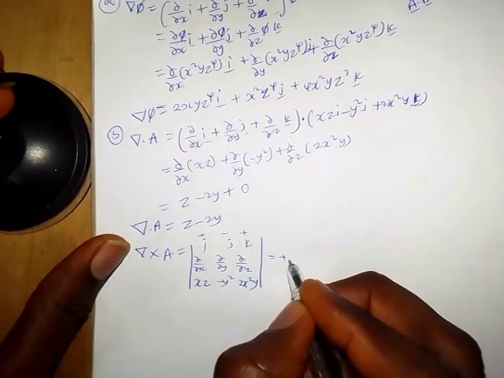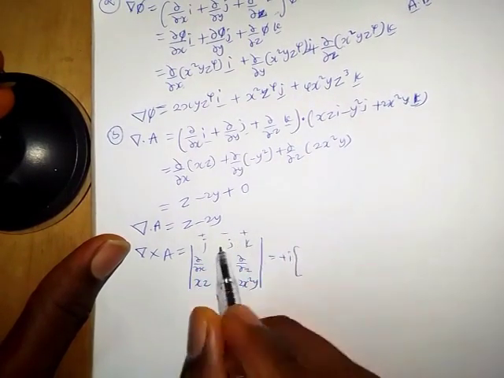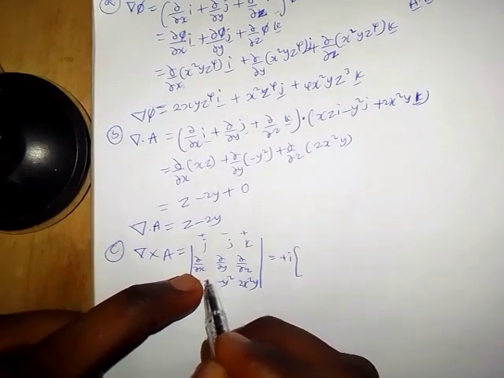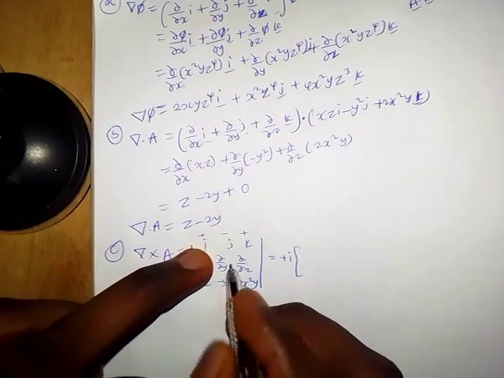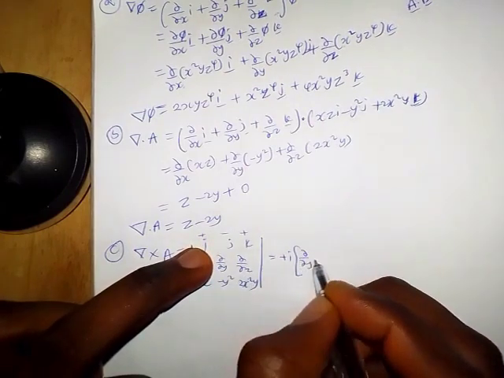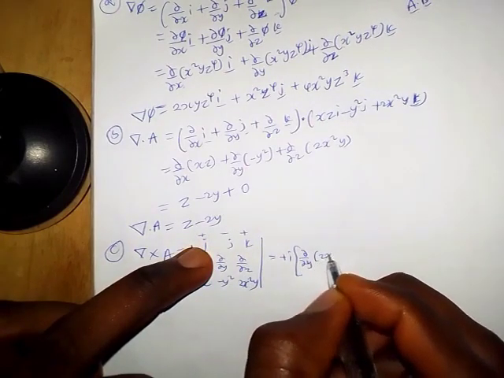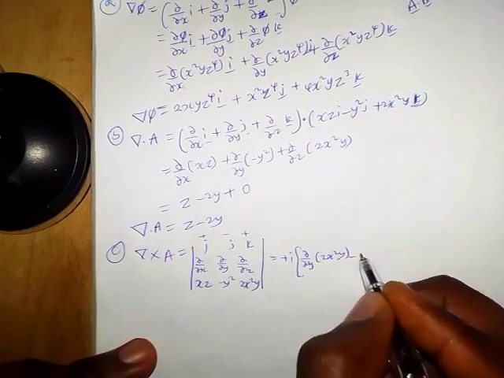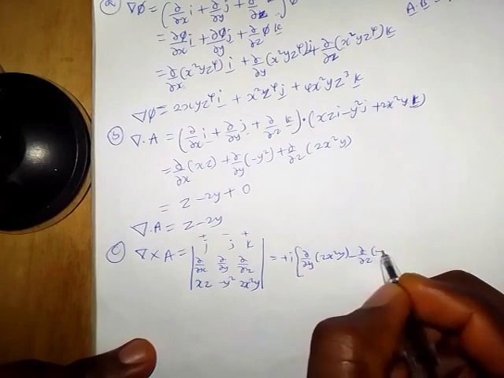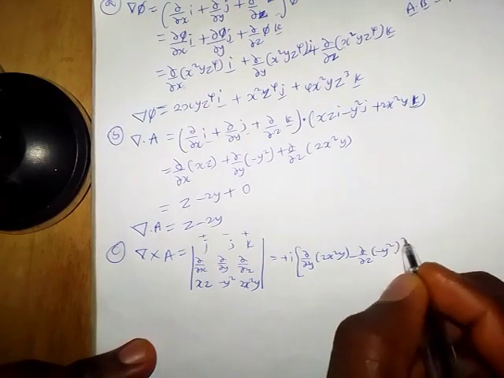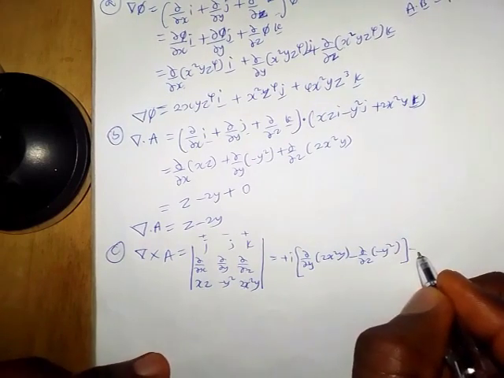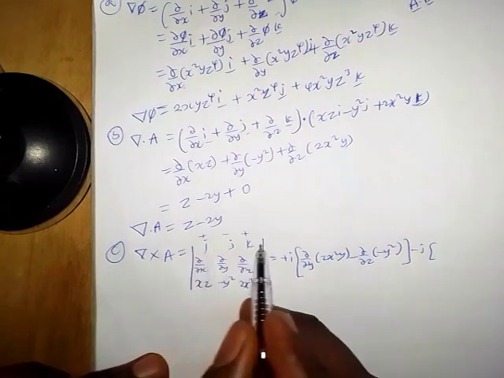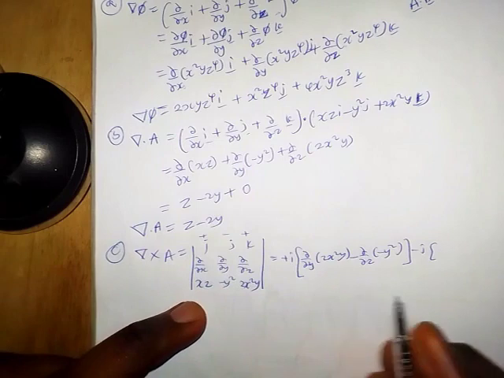So in which we have plus i into this. We fix the first row and the first column. So we are left with partial y of 2x squared y minus partial z of minus y squared. Minus j component: we fix the first row and the second column.